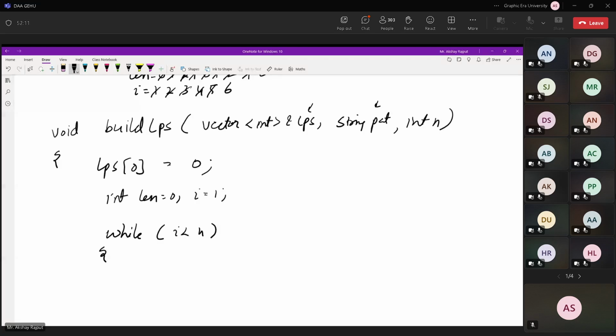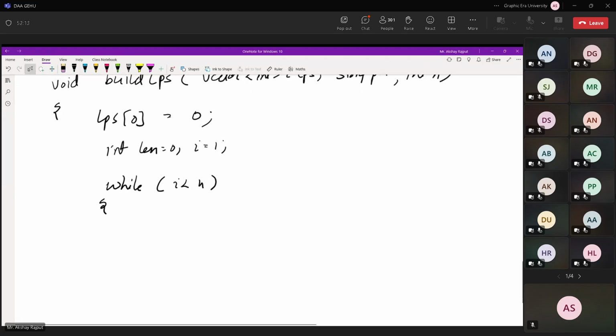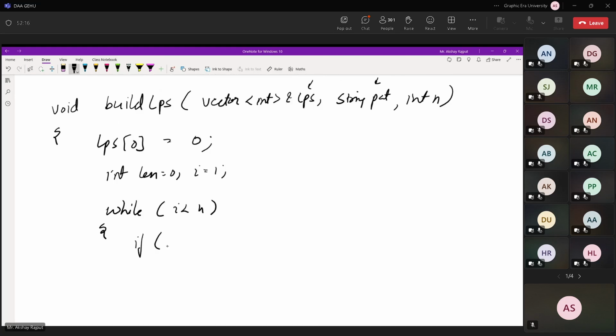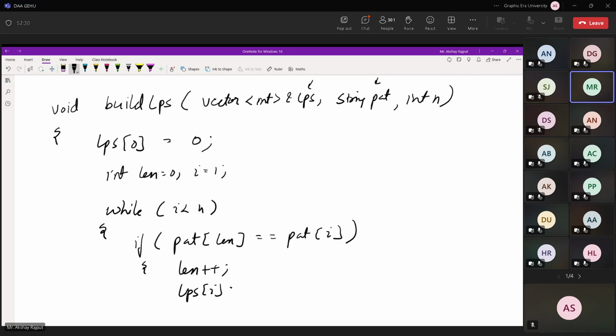We are going to check if pattern of len is equal to pattern of I. If both are equal, then what were we doing? We were doing len plus plus, LPS of I equals len, and I plus plus.